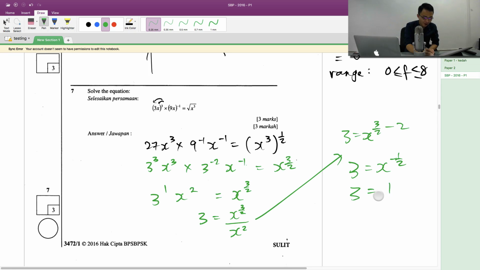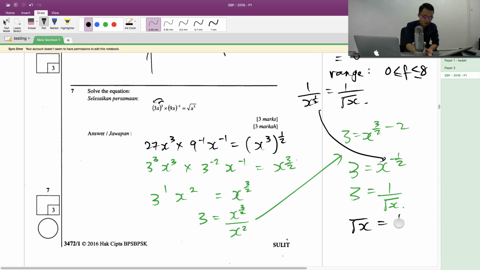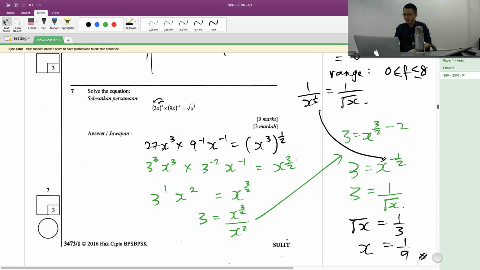So it will become 1 over square root x. Half basically, I just worry I changed too fast. This one basically is 1 over x power half. But half means square root, so it's square root x. So square root x equals to 1 over 3. x is just square the thing, so you'll get 1 over 9. Right, it's not too bad.